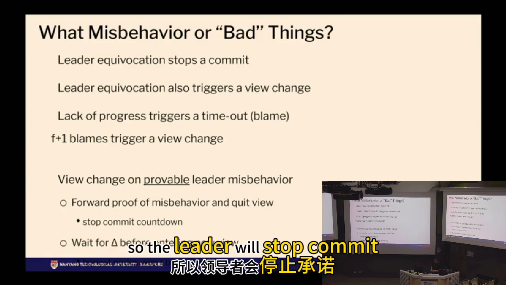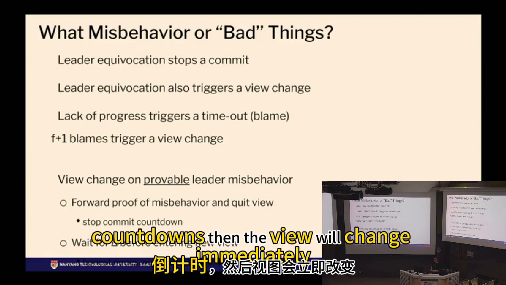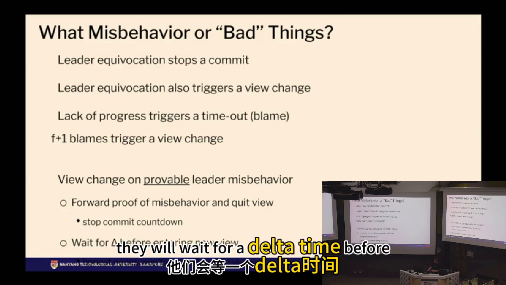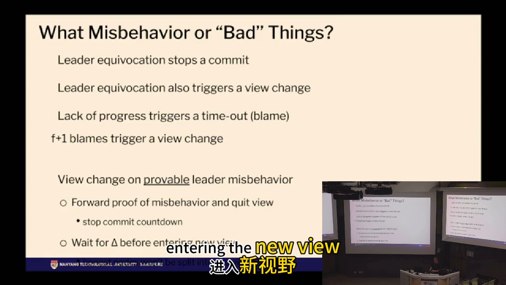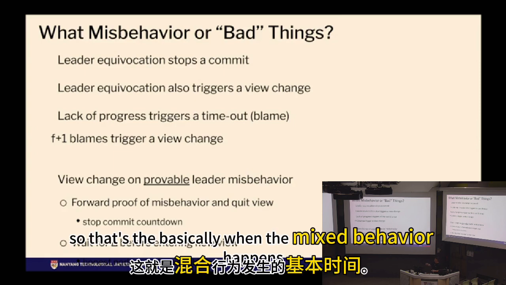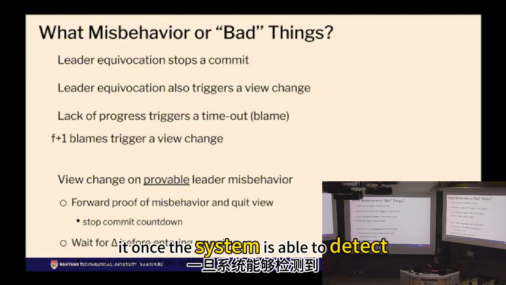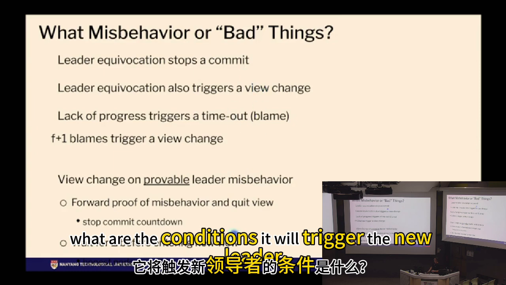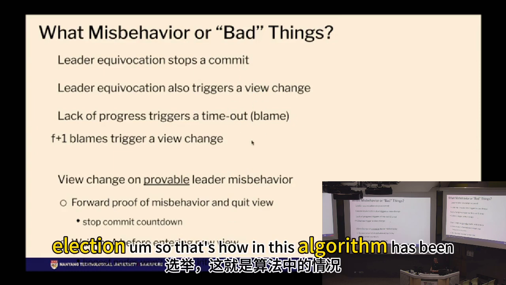So the leader will stop the commit countdown, then the view will change immediately. If everything behaves normally, they will wait for a delta time before entering the new view. So that's what happens when misbehavior or bad things happen. Once the system is able to detect the conditions, it will trigger the new leader election.